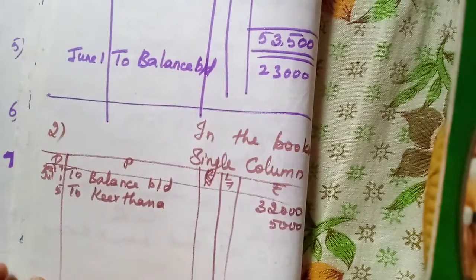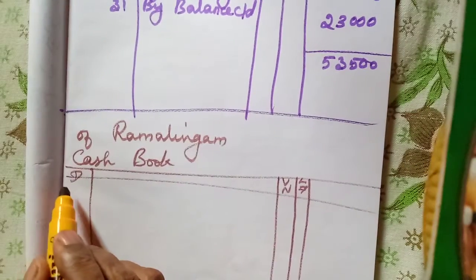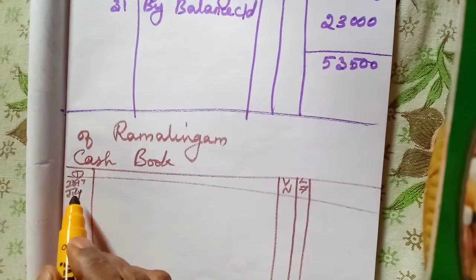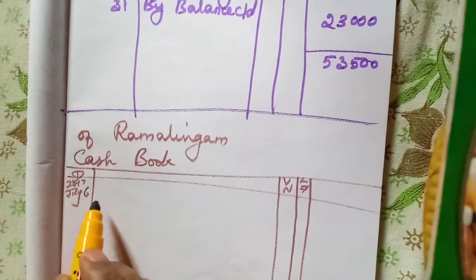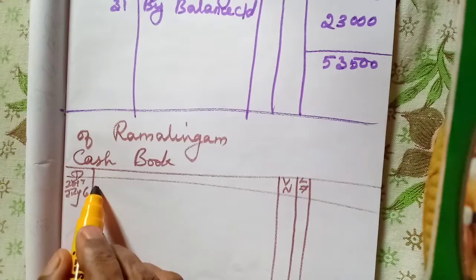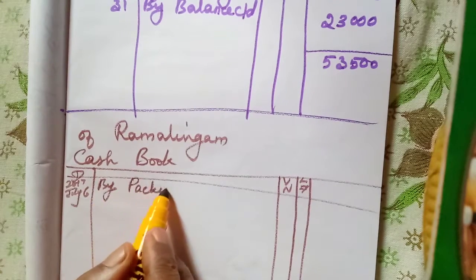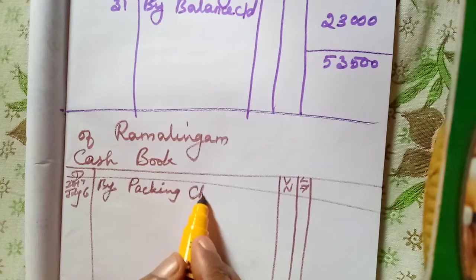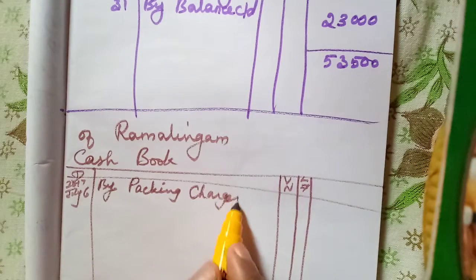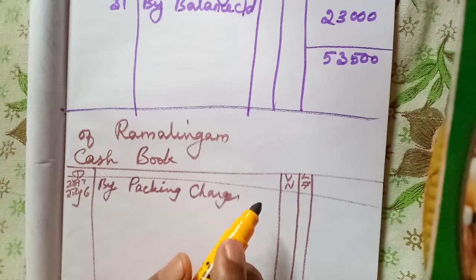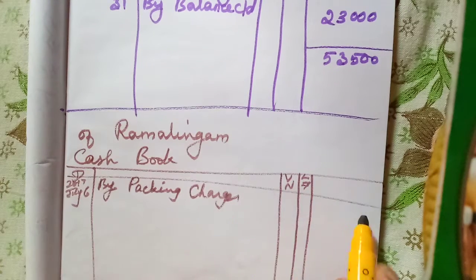Paid packing charges in cash. So payments. Before that, we need to write the date, July 6. Paid packing charges, so by packing charges, 300.